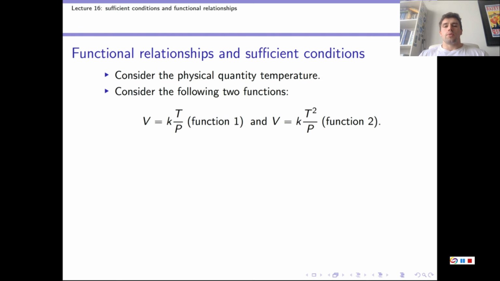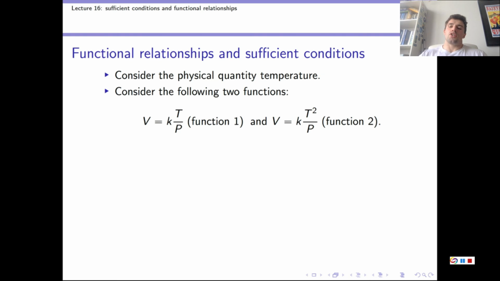Function 1, which says V equals K times T over P, and function 2, which says V equals K times T squared over P. So here V is volume, T is temperature, and P is pressure. And we've also got this constant K, which isn't a physical quantity, it's just a number. And we're interested in which of functions 1 and 2 give the right sufficient conditions.